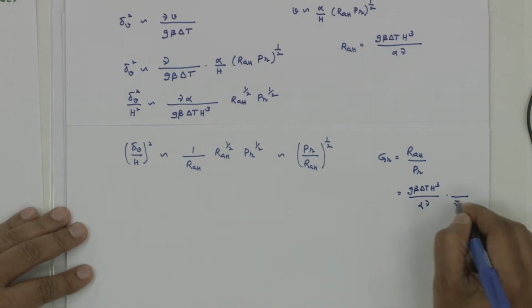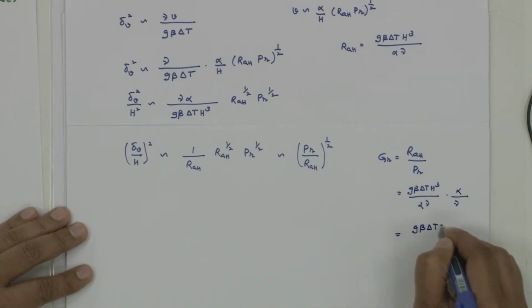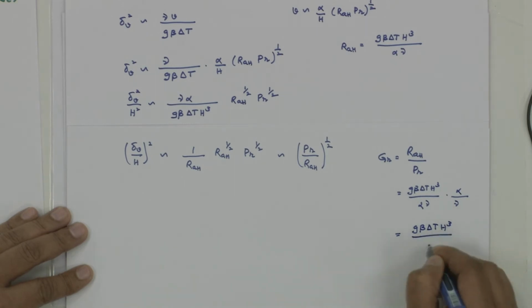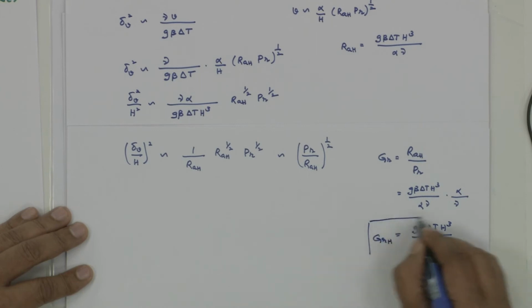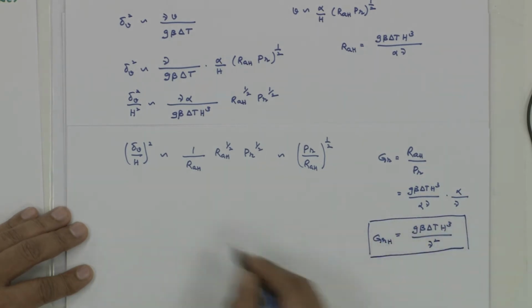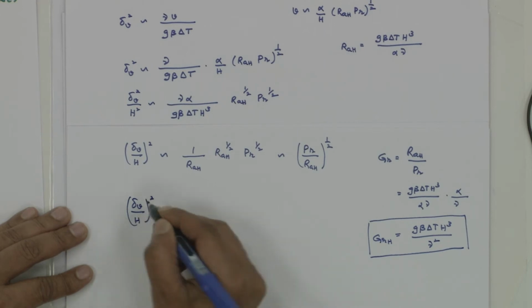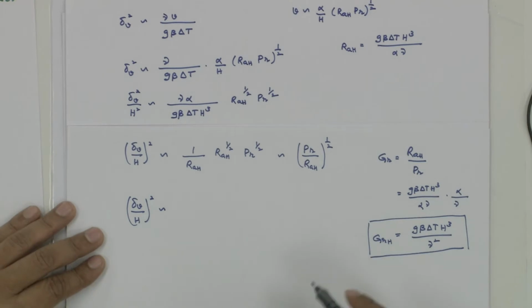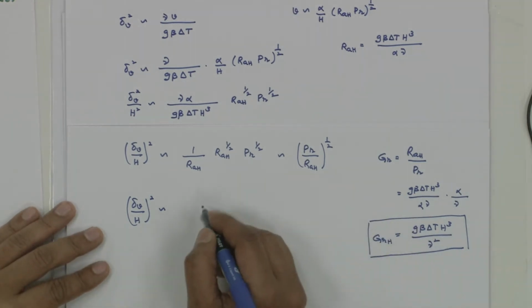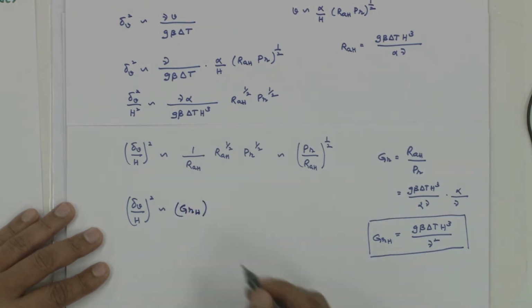Prandtl is nu by alpha, so g beta delta T H cube upon nu squared is my Grashof number. So (delta V by H) squared is of the order of Rayleigh by Prandtl, which becomes the Grashof number, so you have Grashof number to the power of half.